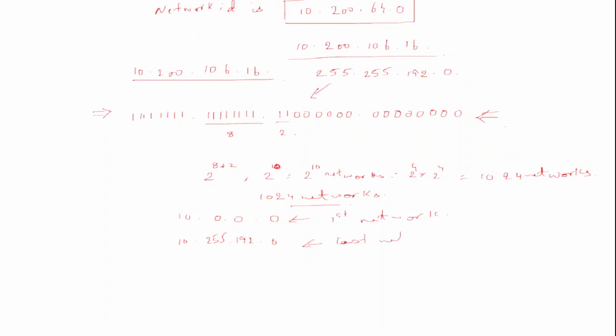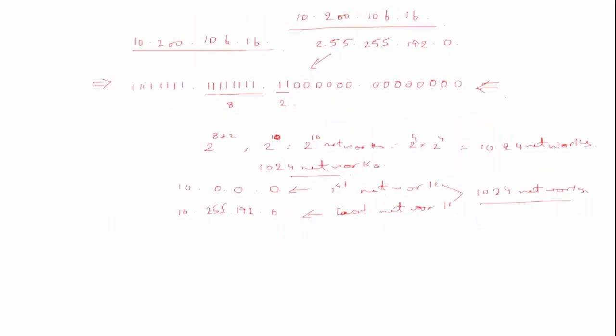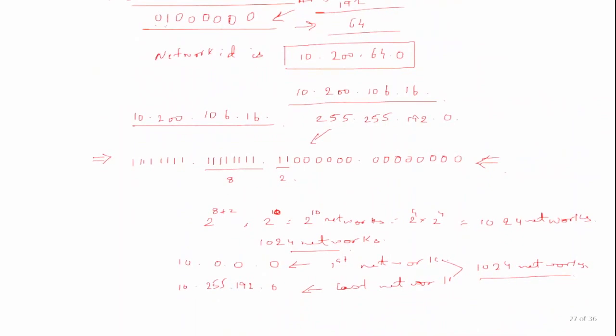In between these lie 1024 networks. In each network, what is the number of hosts? The remaining bits are 6 and 8, so it is 2 power 14. The number of hosts is 2 power 14 minus 2.